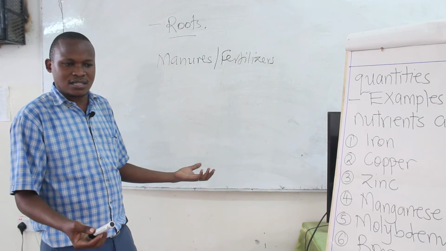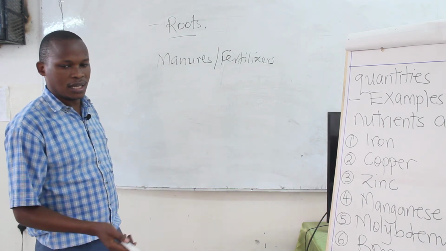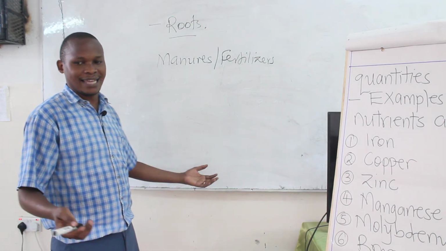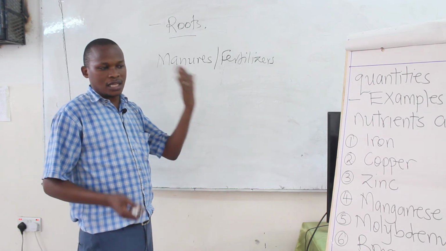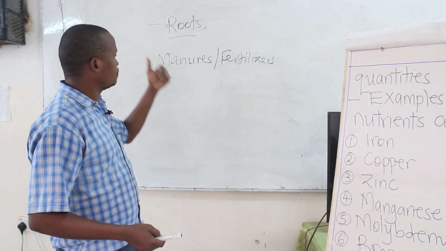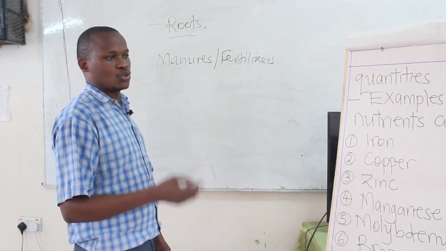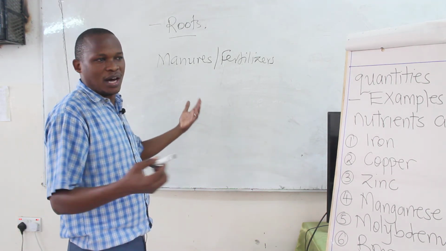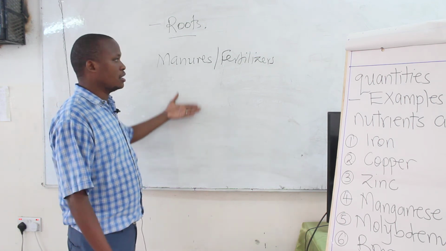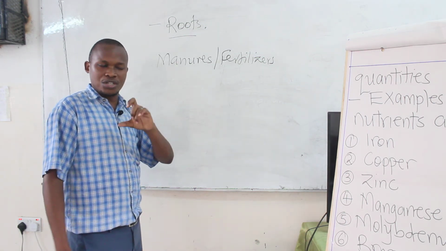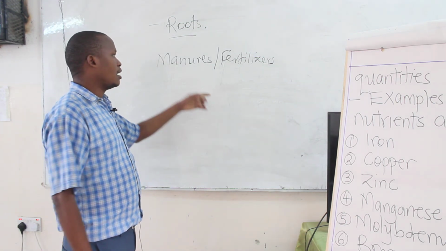So once the farmer discovers that the soil has lost fertility, he will need to improve it. One of the ways of improving fertility will be adding manures. So I want you to read about manures.